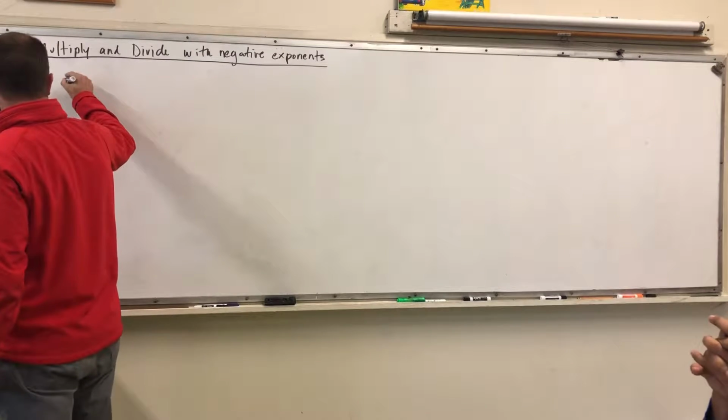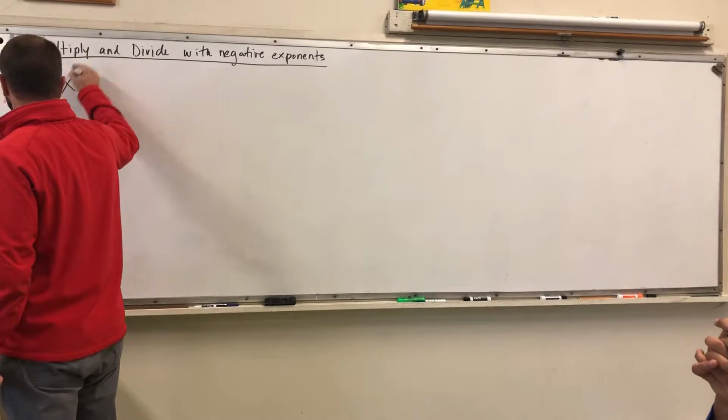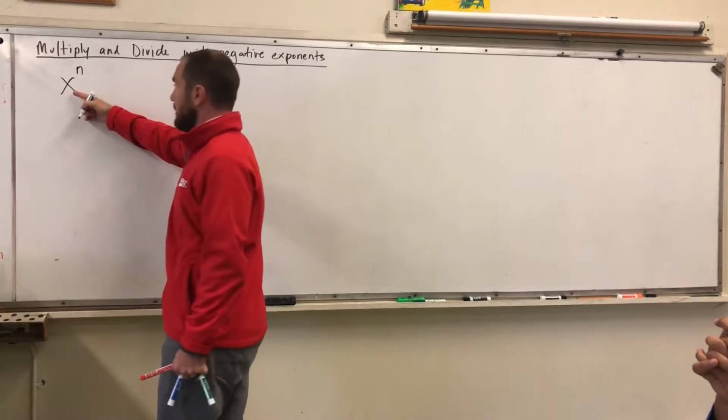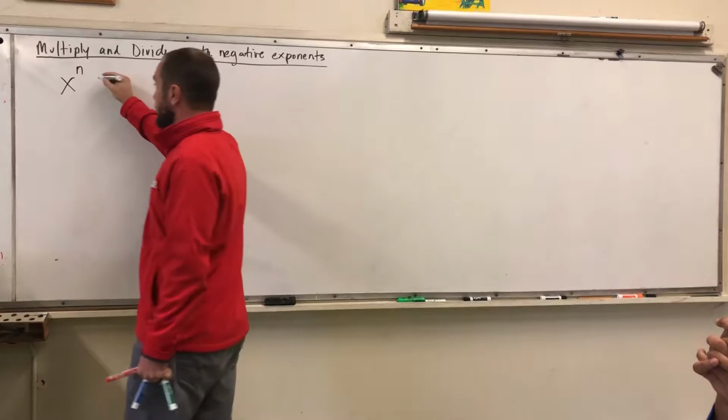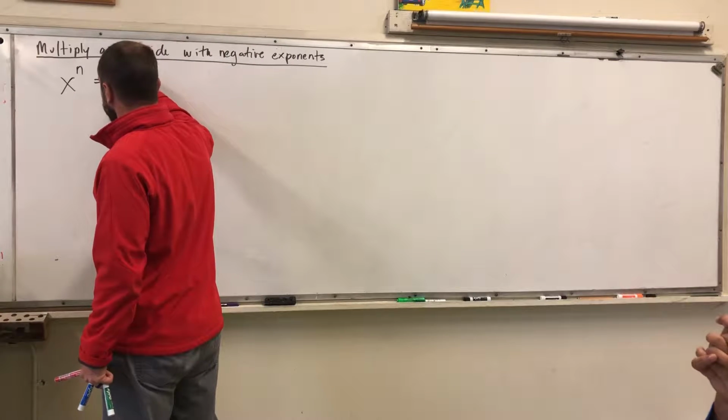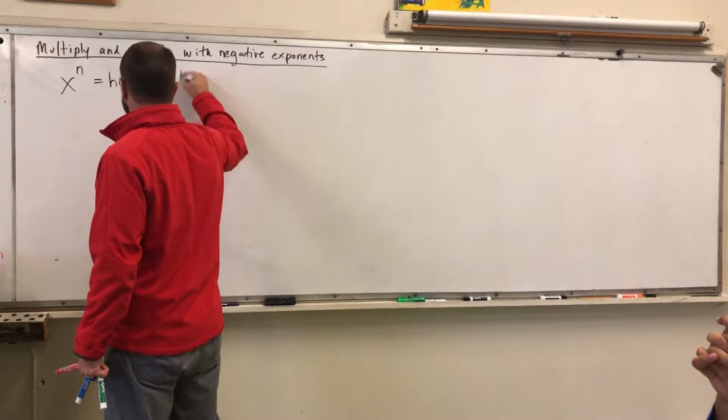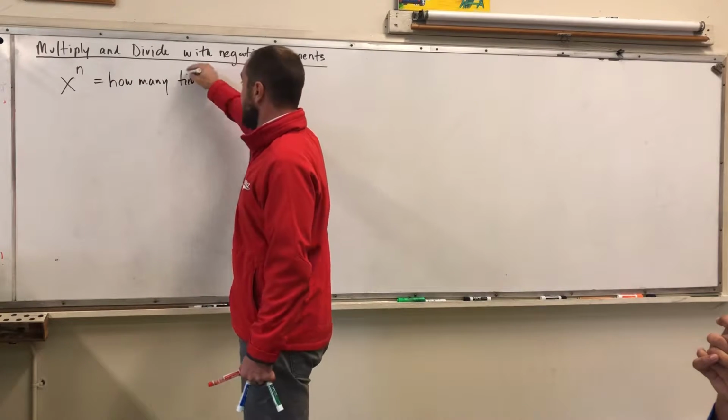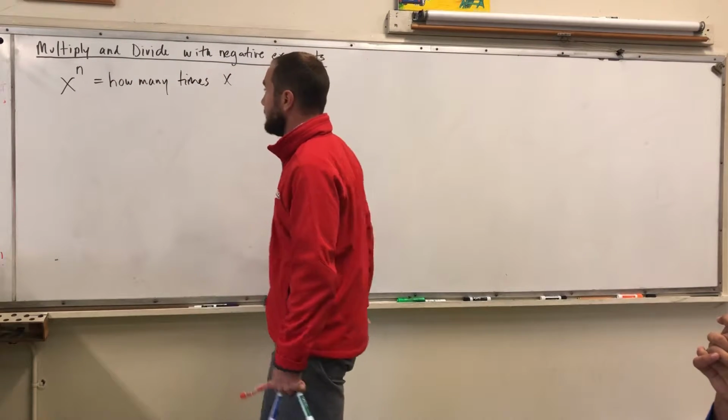The idea of exponents, if you have, let's say, x to a certain power, this is saying how many times something is being multiplied. That's the idea. How many times are we multiplying?